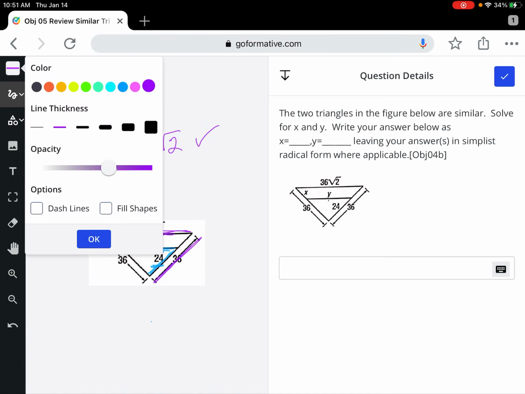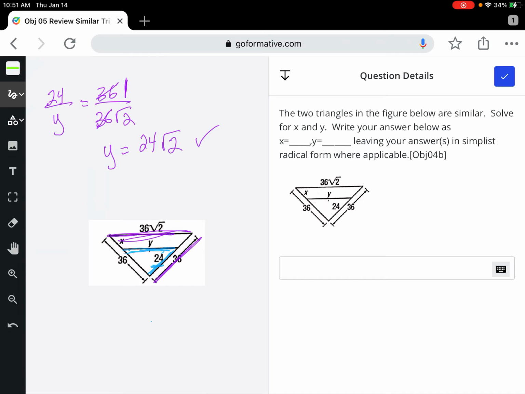X, on the other hand, is just a little bit different. I'm looking at this part. It would be good to know this part. Some of you will find the obvious. If this is 36 and this is 36 and they're similar, then this side right here is just going to be 36 minus 24, which is 12.